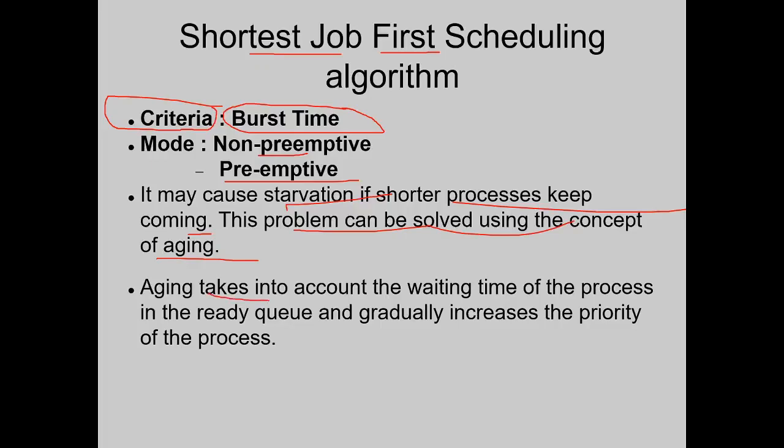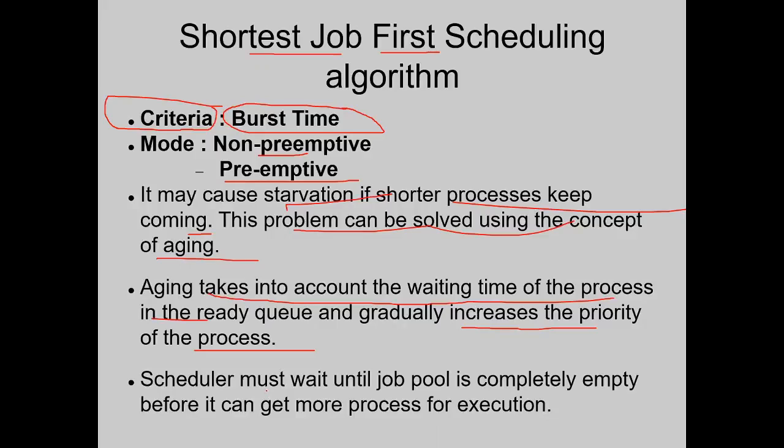Aging takes into account the waiting time of the process in the ready queue and increases the priority of the process so that the process can get executed. The scheduler must wait until the job pool is completely empty before it can get more processes for execution.